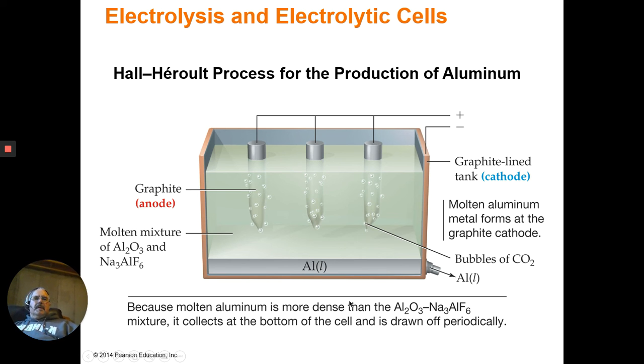Aluminum requires a tremendous amount of electricity to produce. The aluminum ion has a +3 charge, so it requires 3 electrons to produce 1 atom of aluminum.